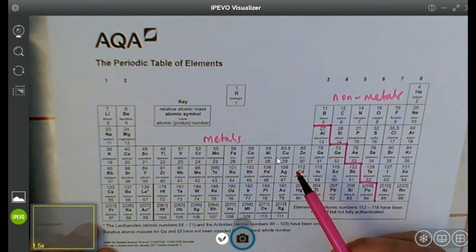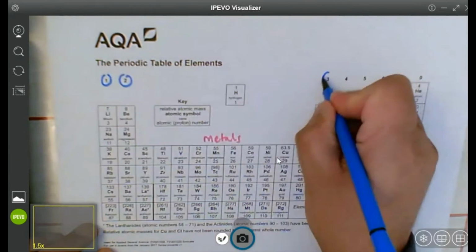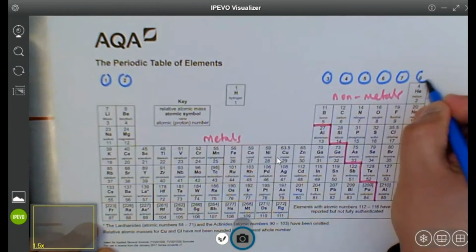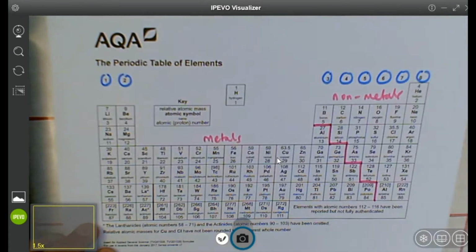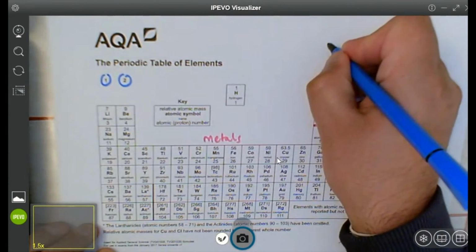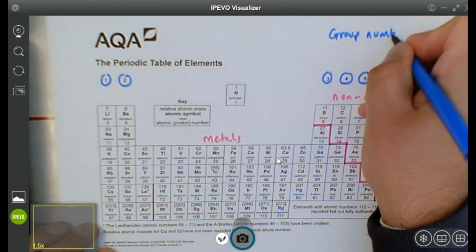The next piece of information, which is really important, is this number down here. We've got 1, 2, and then 3, 4, 5, 6, 7, and 0. Those numbers are the group numbers.